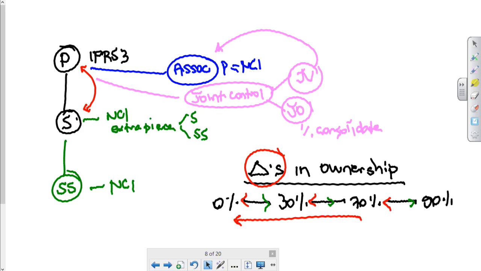In week 3, we're going to look at when there are changes in ownership because the company issues more shares, rights issues. So what can happen is that there's an NCI and there's a sub, and the company issues more shares. Now, this is the company. If this company issues all the shares to you, your percentage of the pie grows, isn't it?